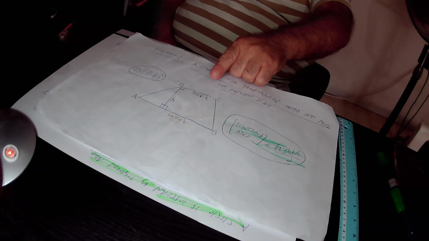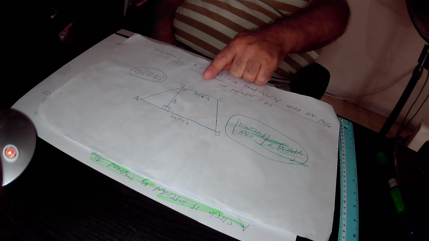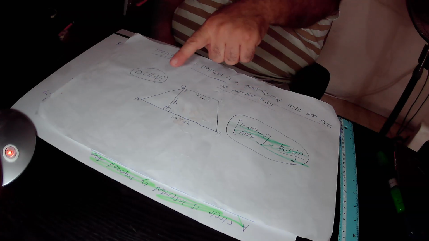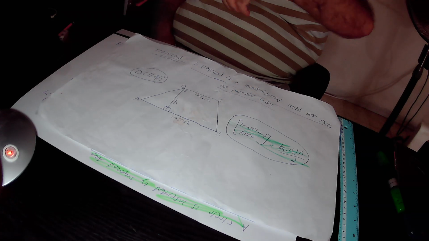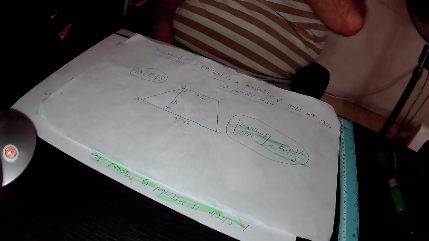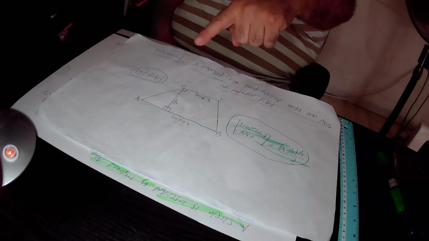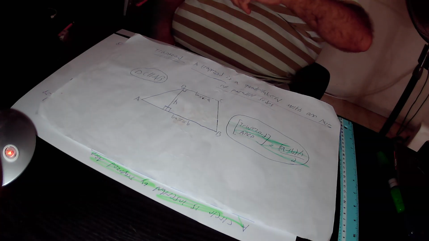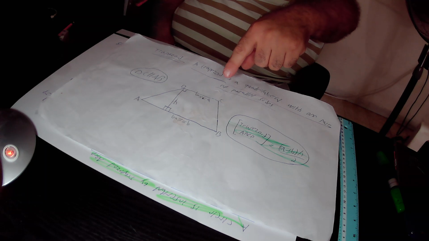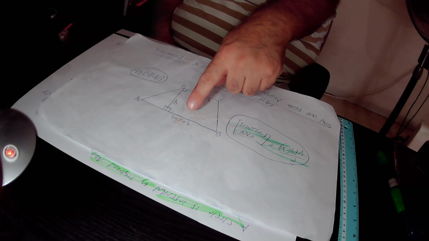This is quadrilateral ABCD. In quadrilateral ABCD, side DC is parallel to the opposite side AB, and therefore quadrilateral ABCD is a trapezoid because it has one pair of parallel sides. In trapezoid ABCD, the two parallel sides are defined as the bases.